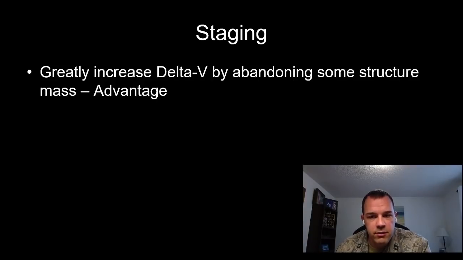Okay, moving on. Let's talk a little bit about staging. It's not a hard transition here from rockets to staging, but there are some key differences we have to discuss. Now, the big advantage of staging is that it greatly increases your delta V by losing some of that structure mass mid-flight. So if you're not using your thrust to lift a bunch of metal you don't need anymore, you can abandon that over the ocean or have it land back on the pad like SpaceX does, and you get a lot more delta V out of your rocket.